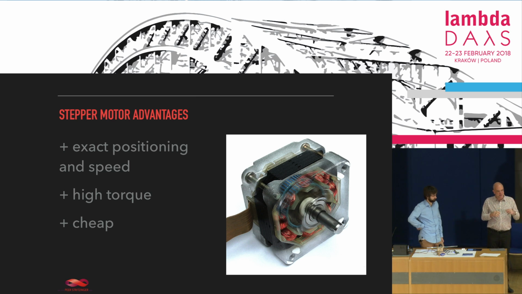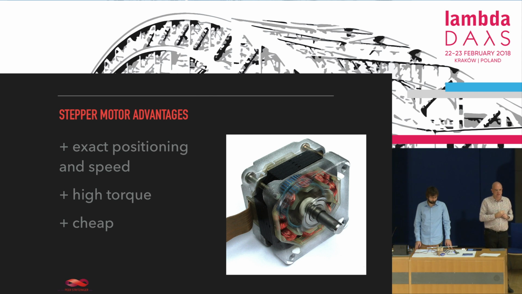So you have lots of coils in there and magnets, and the way you drive it is not that you do a turning field and then it goes around, but you always apply force to the next magnet, and you pull it to the next magnet and push it away from the old magnet, and so it goes to a discrete position. Normal stepper motors have lots of these discrete positions where they can be positioned.